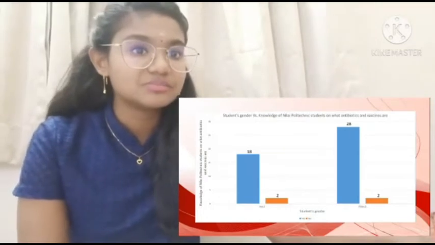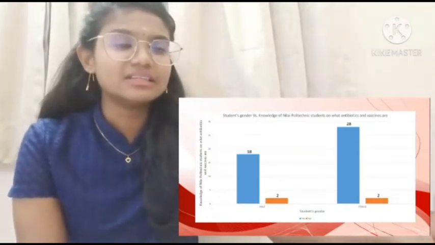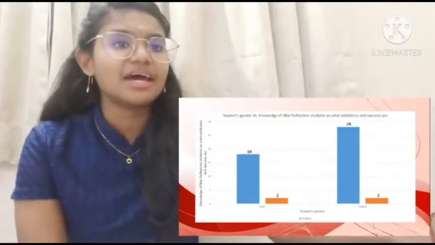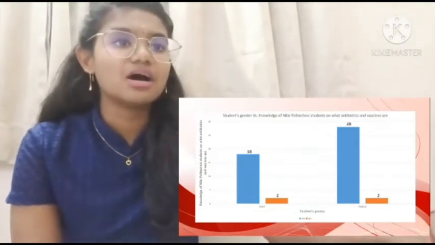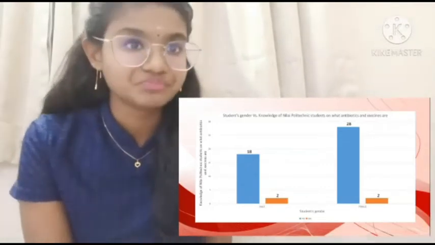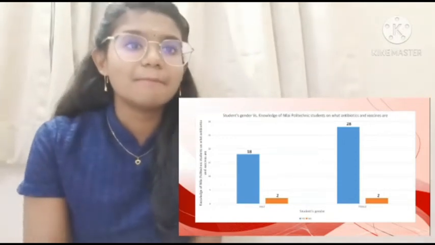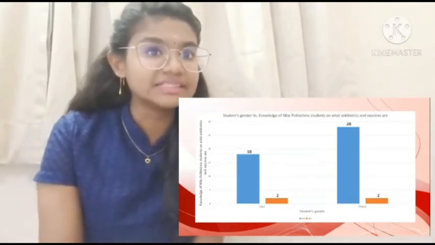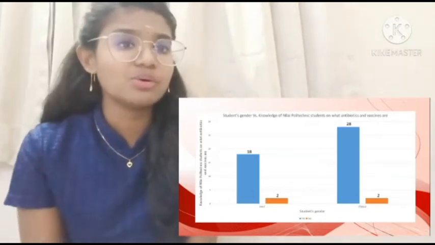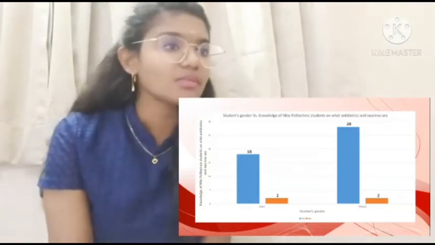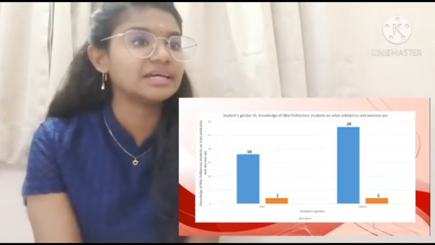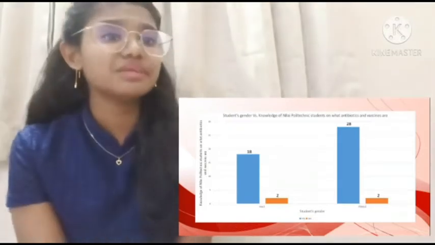And as you all can see, the blue colored bar represents the answer for yes, and the orange color bar represents those who answered no. So male students who answered yes are 18 and male students who answered no are 2, and then 28 female students have answered yes and two female students have answered no.